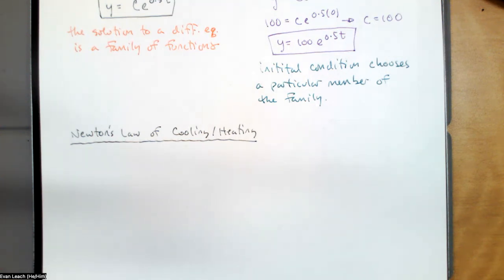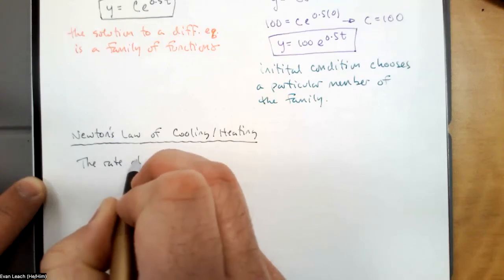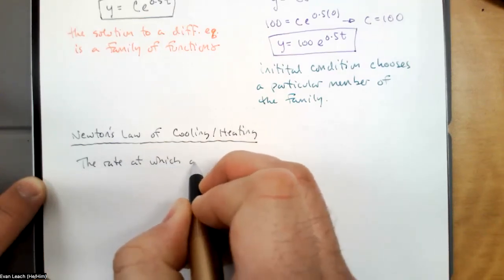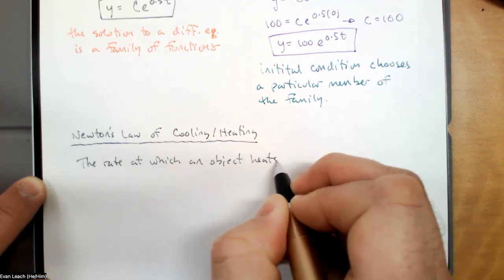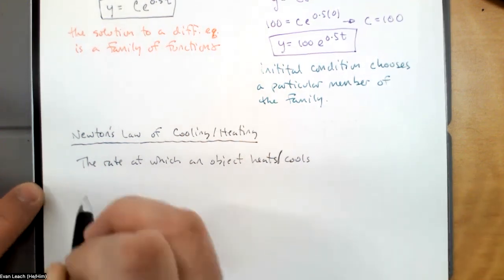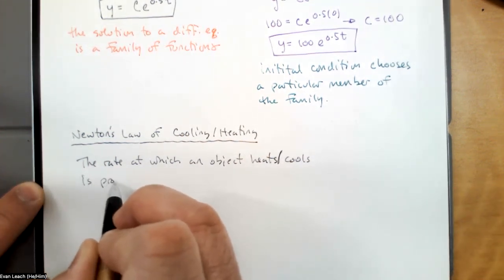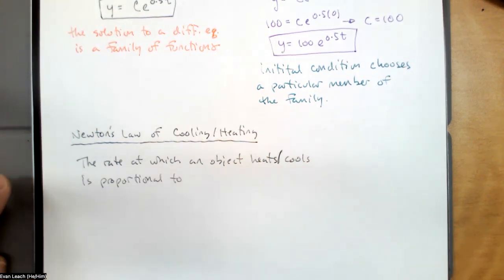Newton's law of heating and cooling says that the rate at which an object cools, talking about derivatives, is proportional to the difference between the temperature of the object and the temperature of the surrounding medium.